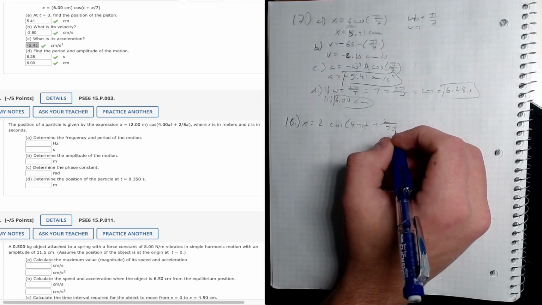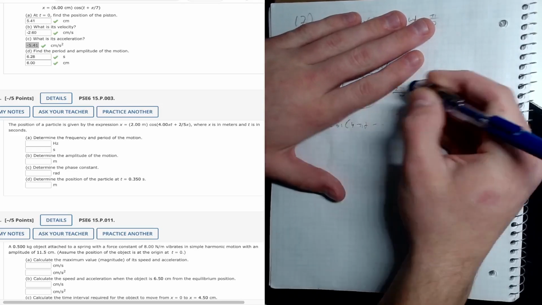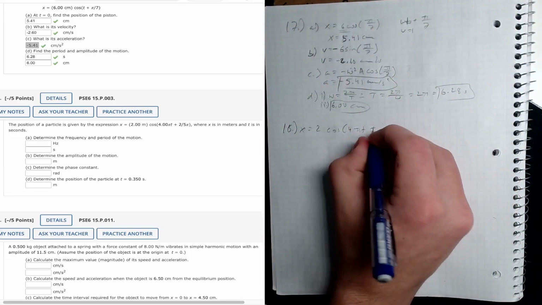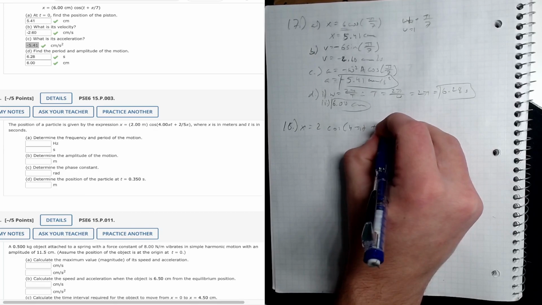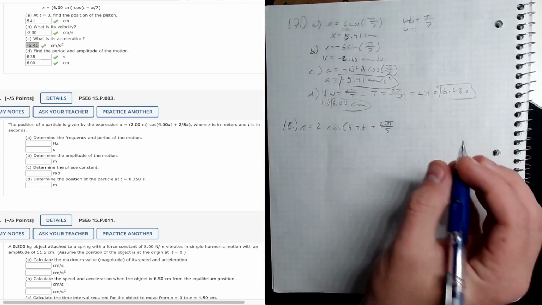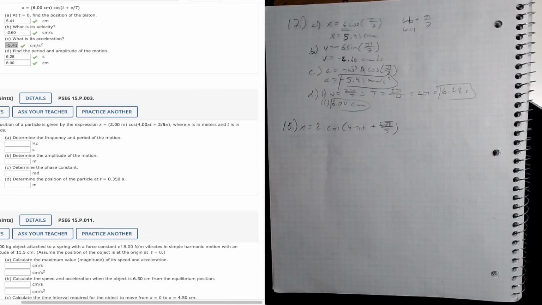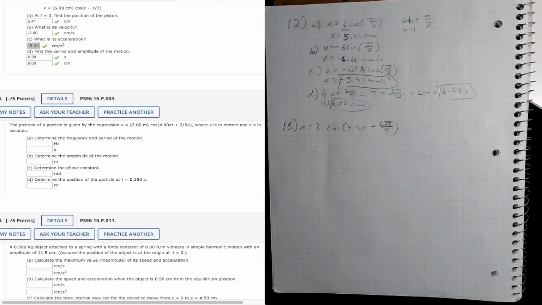I really hope that's not 2 pi. It's definitely 2 pi over 5. Sorry. If not, guys, I'll just redo the calculation. No big deal. One mistake is not going to kill me. Actually, meters and t in seconds. Alright, perfect. Determine the frequency and period of the function.